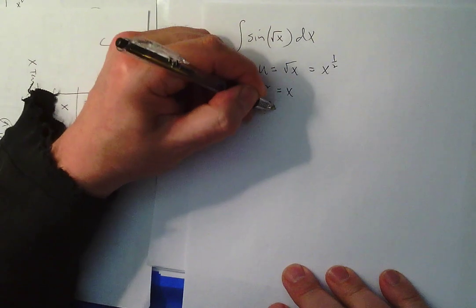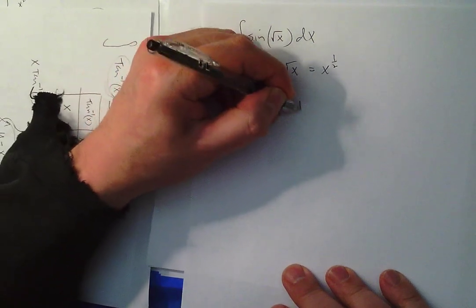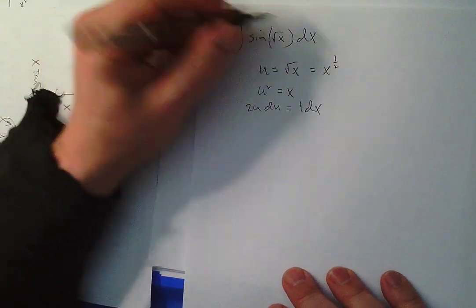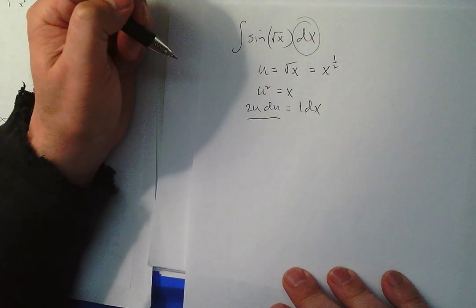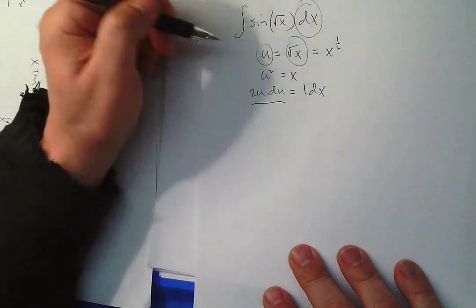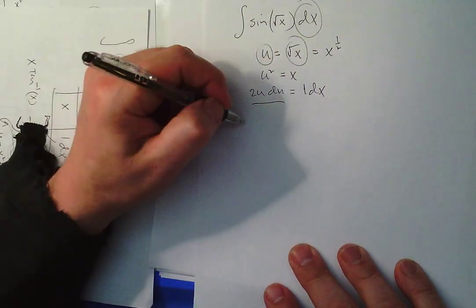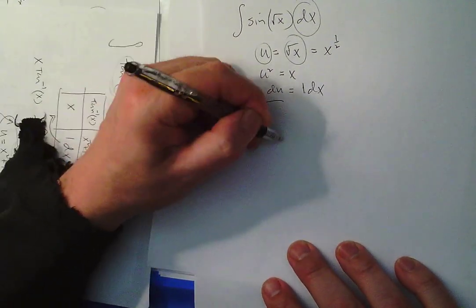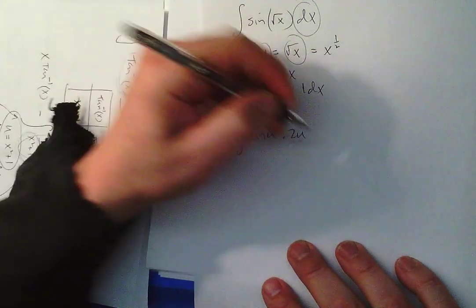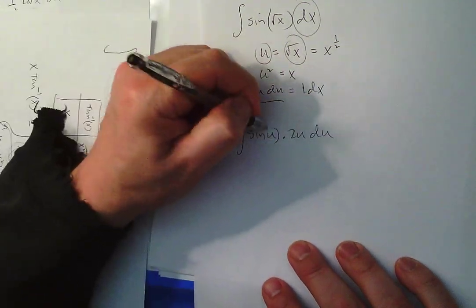So 2u du equals 1 dx. Here's a dx, which means I can replace that with 2u du. And here's the square root of x, and that can be replaced with u. So I can rewrite this integral as the integral of sine u times 2u du.